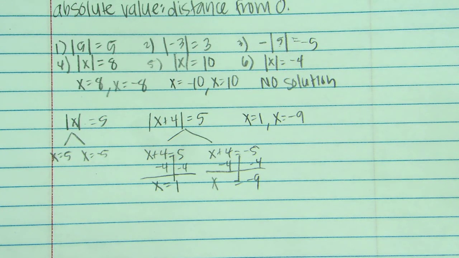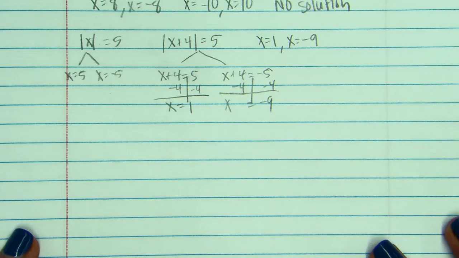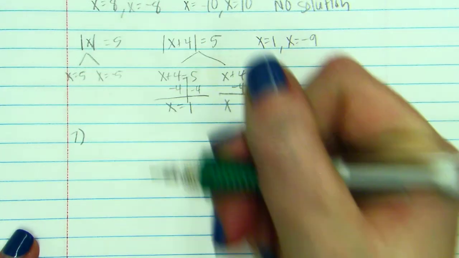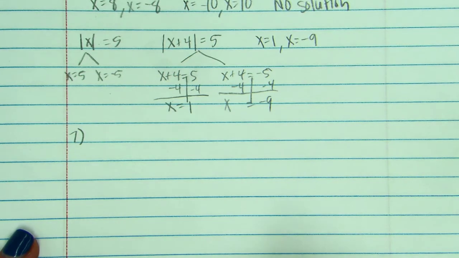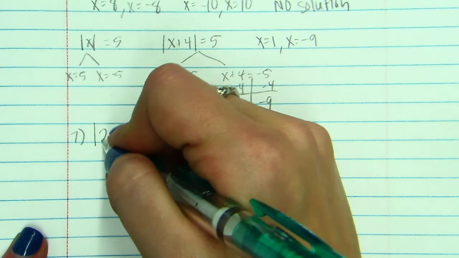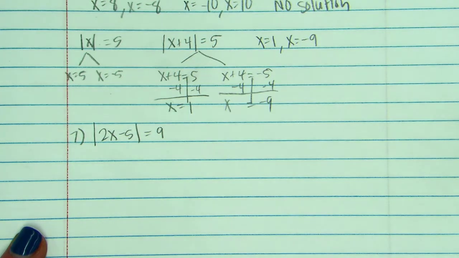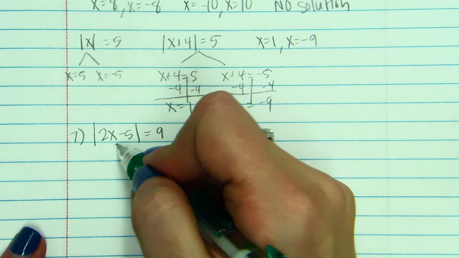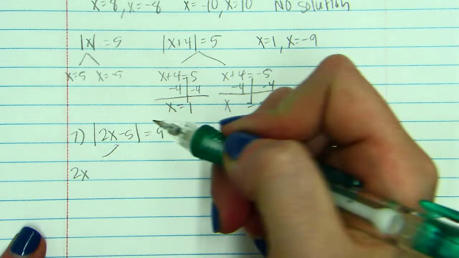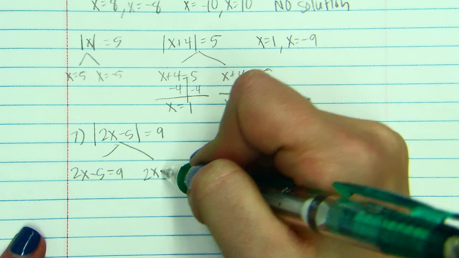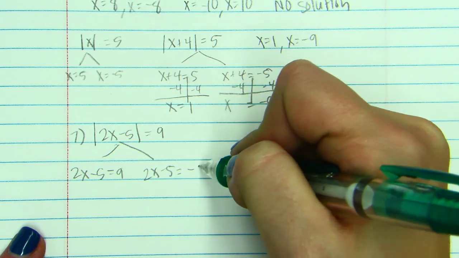Let's do some with some more steps. So what example are we on? I think we're on 7. I haven't been numbering these very well. Let's do the absolute value of 2x minus 5 equals 9. I need to set up two equations because 2x minus 5 either equals 9 or 2x minus 5 equals -9.